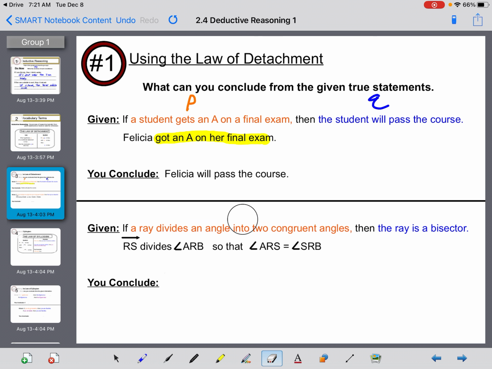If a ray divides an angle into two congruent angles, then the ray is a bisector. Ray RS divides angle ARB, so that angle ARS equals angle SRB. So we can conclude, and let's see if we could draw this picture out. We have angle ARB.